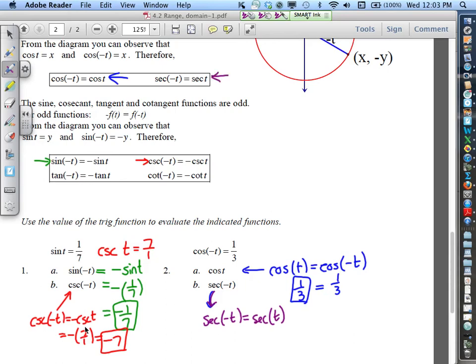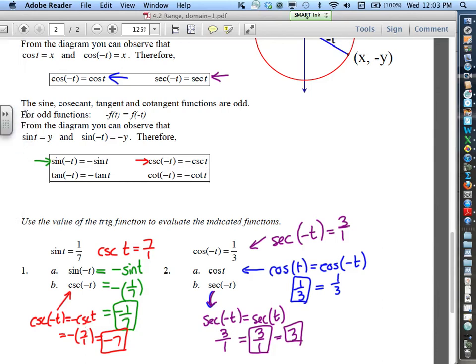The secant is the reciprocal for cosine, so if cosine is 1/3, the secant of negative t would have to be 3 over 1. So if secant of negative t is 3 over 1, the secant of positive t would also be 3 over 1, or just 3. So that's using those identities. These identities actually have to be memorized, so making some flashcards for those would be helpful.